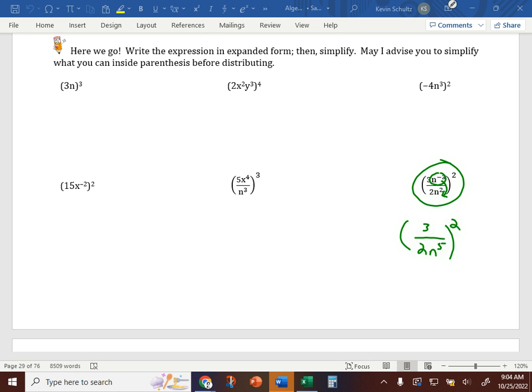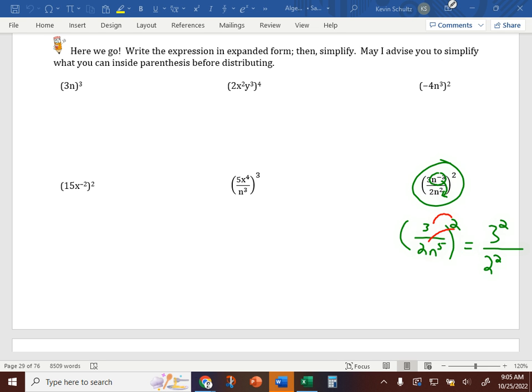All right, we're going to distribute this 2 into the parentheses. Everything gets it. The 3 gets it. And what will that become? What's the numerator of my simplified expression going to be here? Chase? 3 squared, right? 3 to the power of 2. That coefficient base takes on the power, becomes 3 squared. I also distribute my 2 into my other coefficient base, which will make that 2 squared.